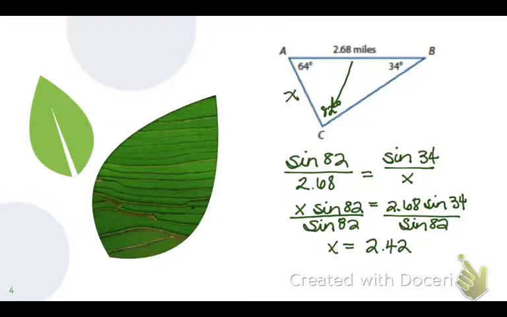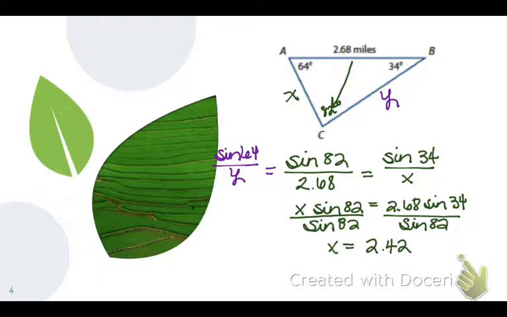We can also set up and solve for our other side length. We can call that y. Once you've solved for another side, you can use that other relationship to solve. I typically go back to the one that I've been given just to make sure that I am solving correctly. So sine of 82 over 2.68 is going to be equal to the sine of 64 over y.